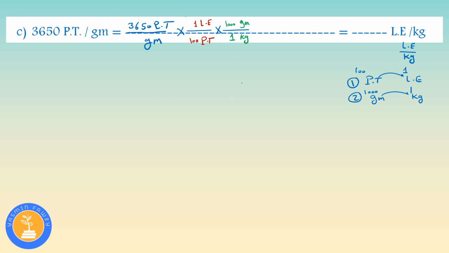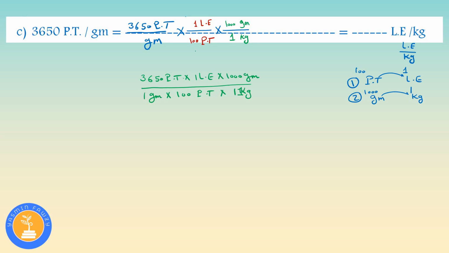Okay, let's find it as my big, huge fraction. Let's put all the numerators together: 3,650 piasters times 1 LE times 1,000 gram over 1 gram times 100 piasters times 1 kilogram.